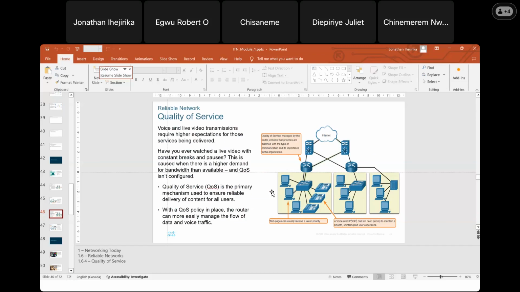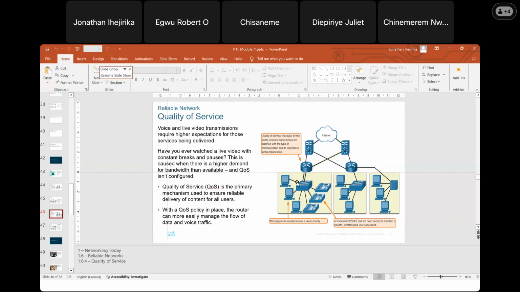So if you don't configure the quality of service, you will have issues with pauses and breaks in your video. Quality of service is the primary mechanism used to ensure reliable delivery of content for all users. With a quality of service policy in place, the router can more easily manage the flow of data and avoid traffic.